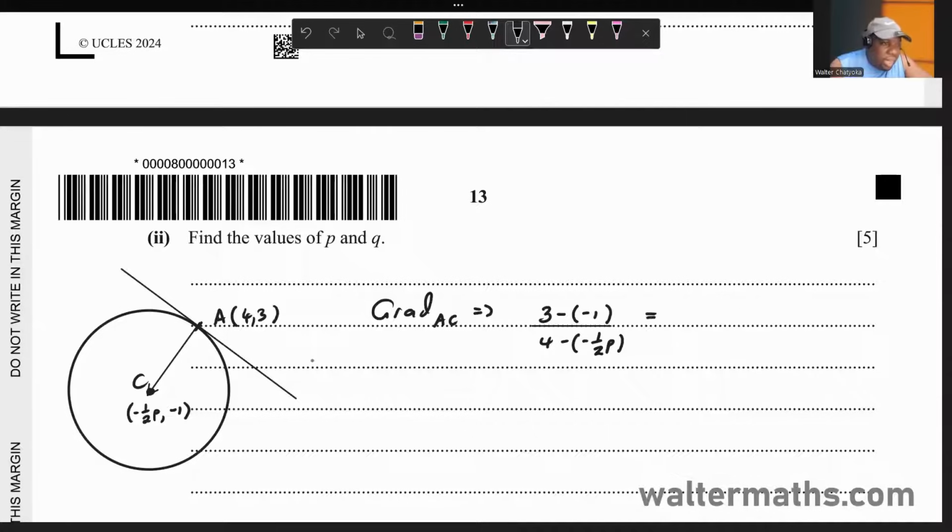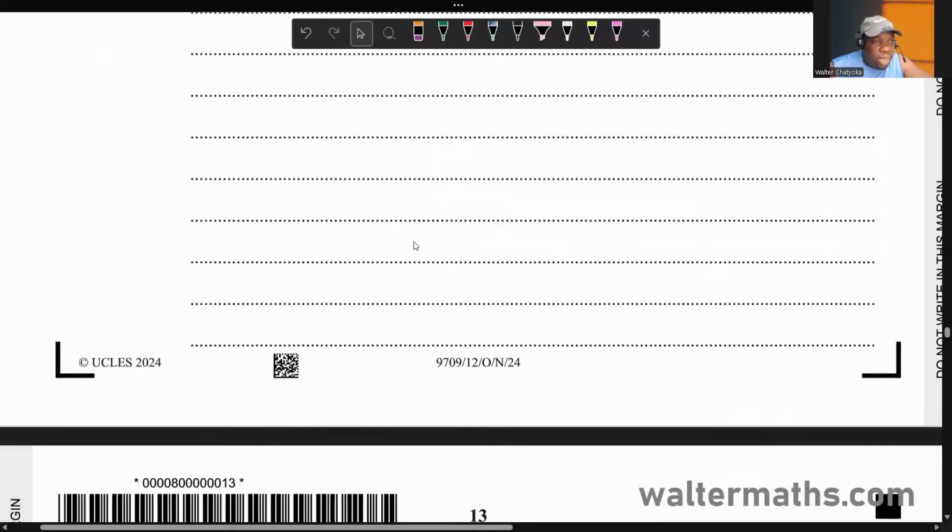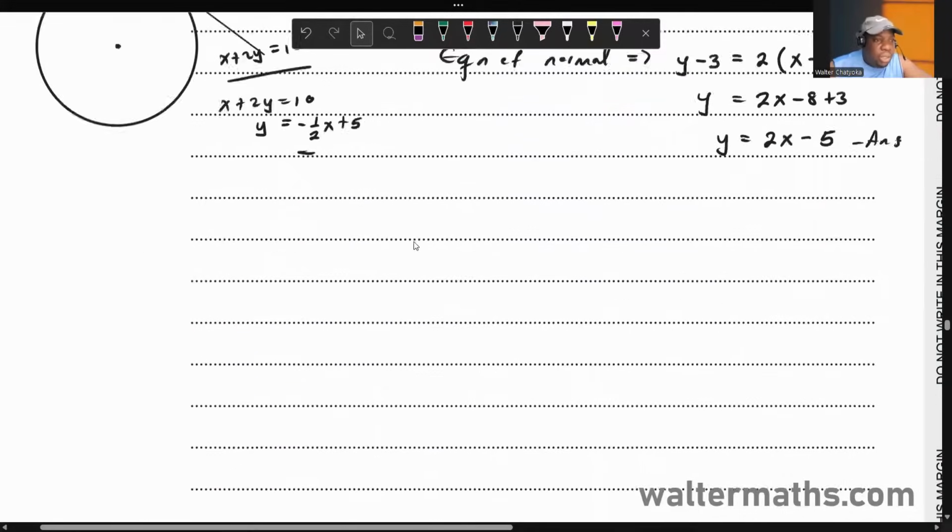But this is the same gradient as the normal to the curve at the same point A, and the gradient of the normal we had found to be 2.